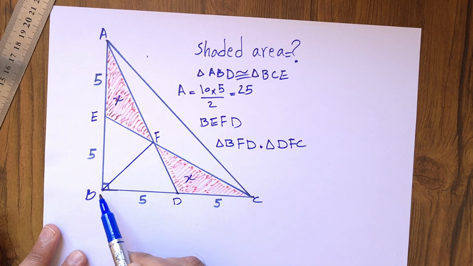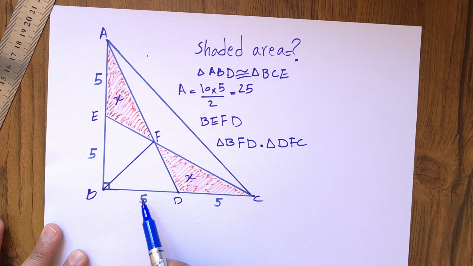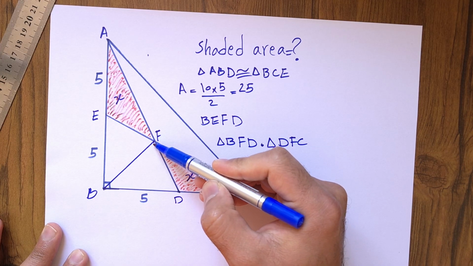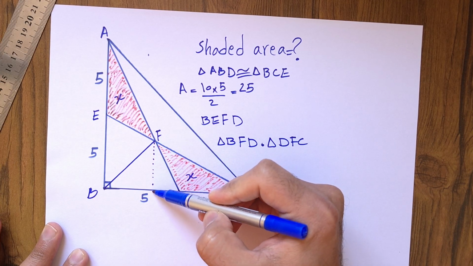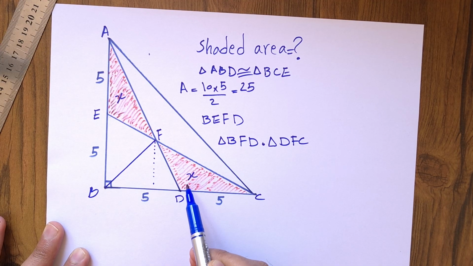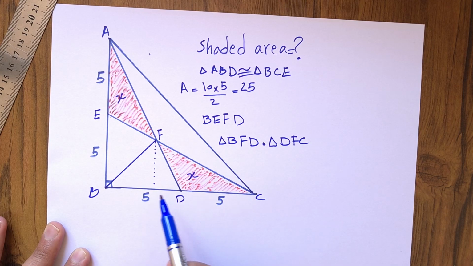For example, let's focus on BFD. The base is 5, right? Let's draw the height or altitude here. This altitude is also common and shared for the triangle DFC as well.